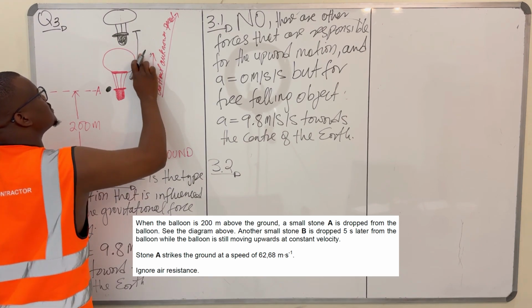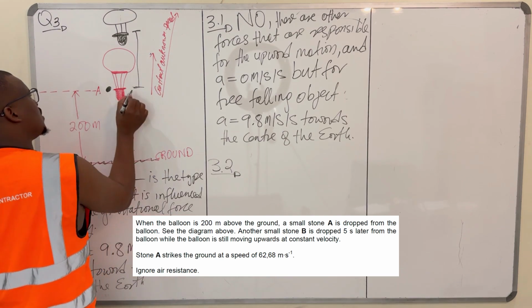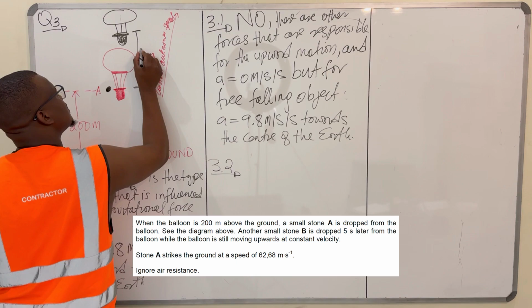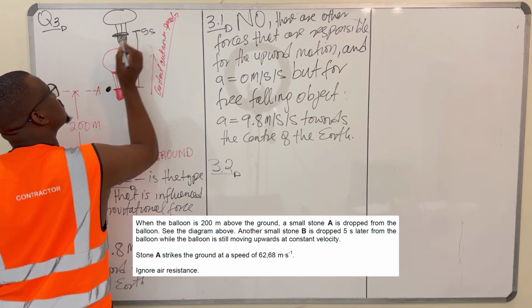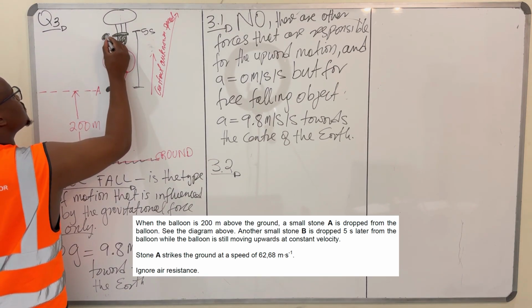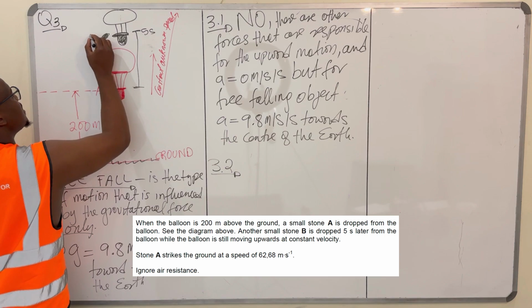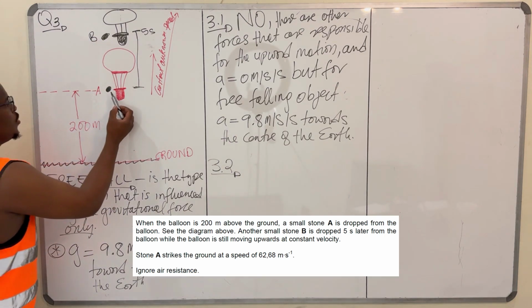So from here, where it is at 200 meters, to there, this is 5 seconds later. Another small stone B is dropped from this thing.